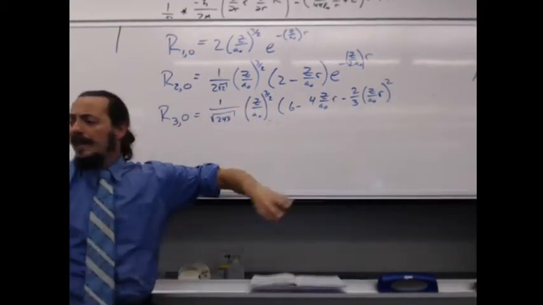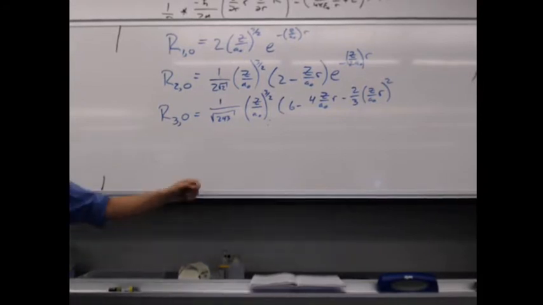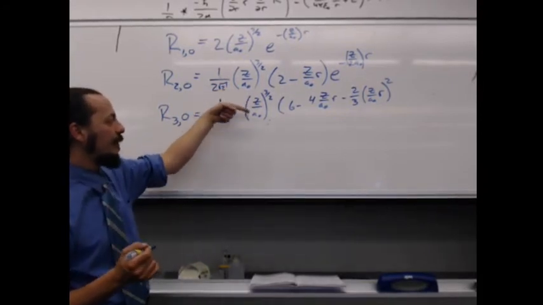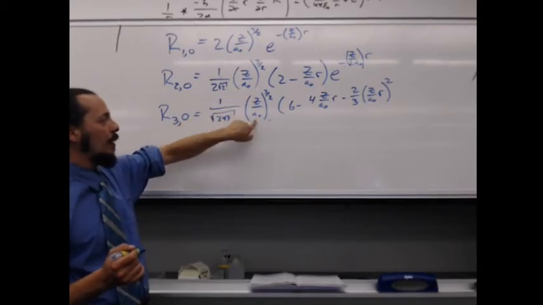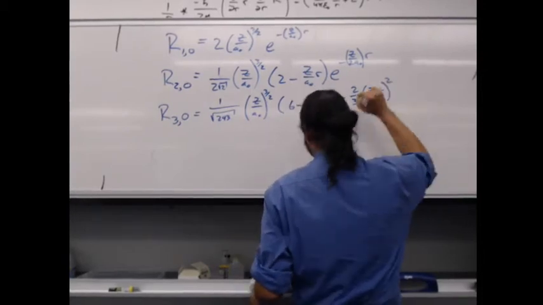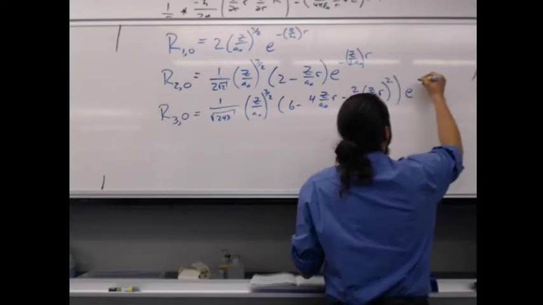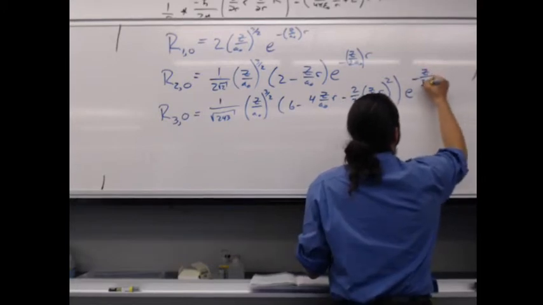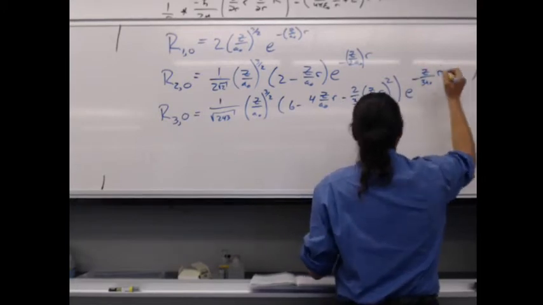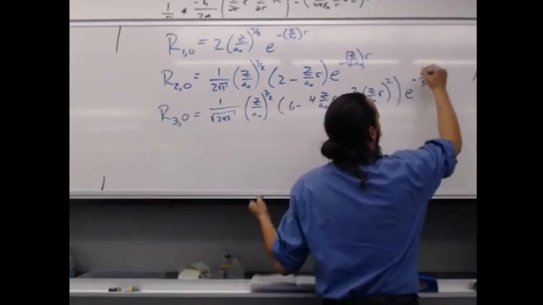If you're looking at your sheet, I find that using rho sometimes obscures where the radius is. Rho is essentially a radius scaled by z over a naught, the nuclear charge over the Bohr radius. I like to write it out explicitly the first time we look at these: e to the minus z over 3a naught r. And again, I can put parentheses.